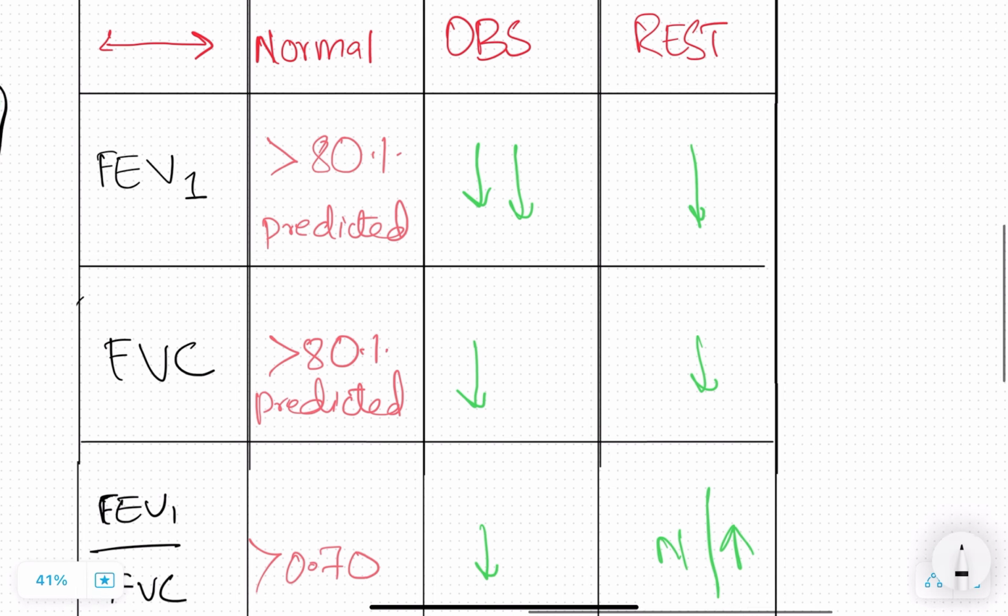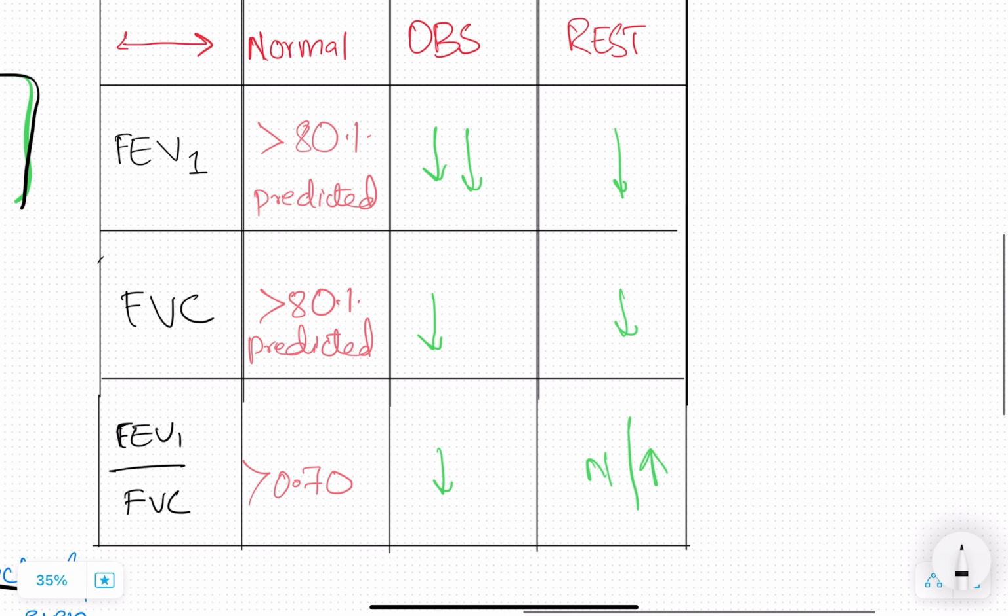Now, what kind of questions can appear in the Step 1 exam, the boards exams and the various university exams is that you would get the history of a patient with deep shallow breaths, suffering with chronic bronchitis.